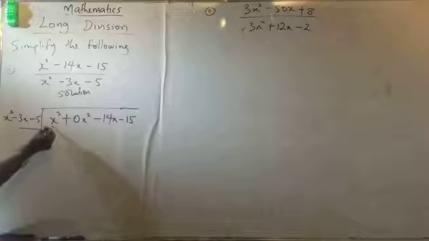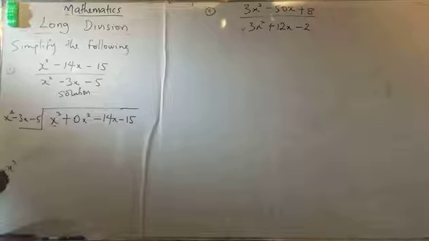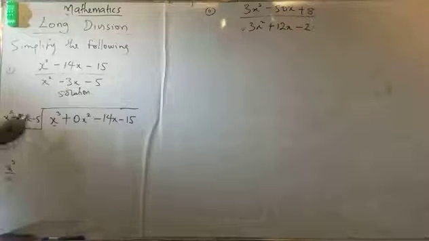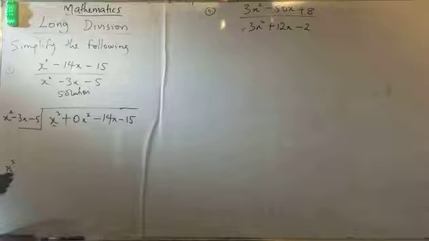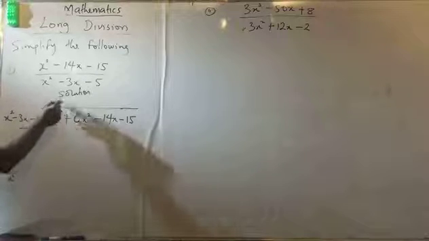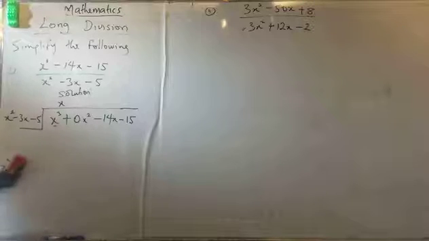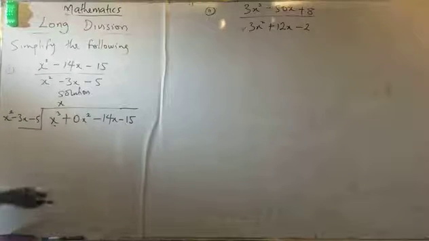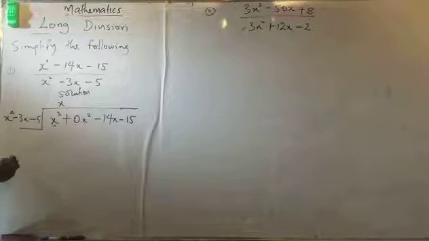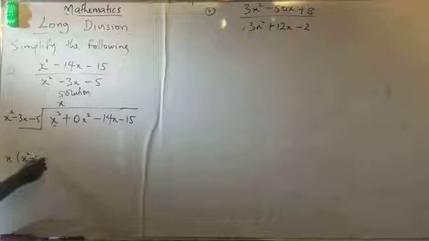I will pick up this particular one, x cubed divided by x squared. This divided by this, definitely it will give me x. It will give us x. Now, whatever you get in that place, you will not pick that as your result. It means x multiplied by x squared minus 3x minus 5.